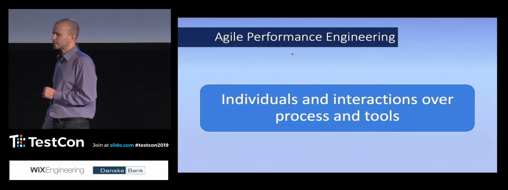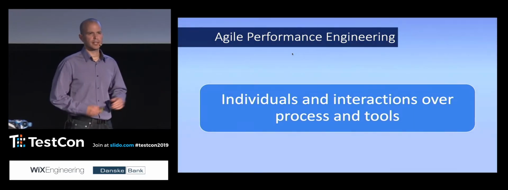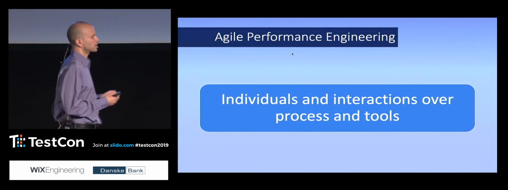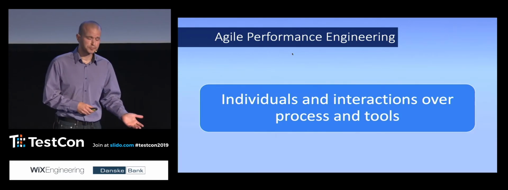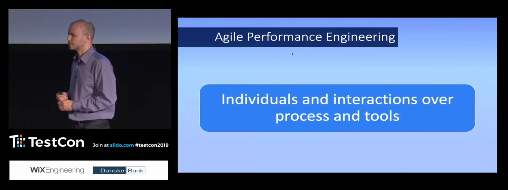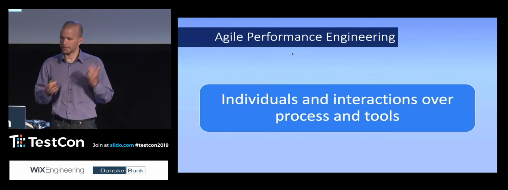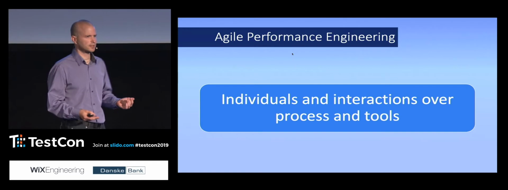So I've talked about how to do performance engineering in an Agile environment. I want to talk a little bit about how to do performance engineering in an Agile way. The big thing when I think about Agile, one of the Agile themes is individuals and interactions over processes and tools.